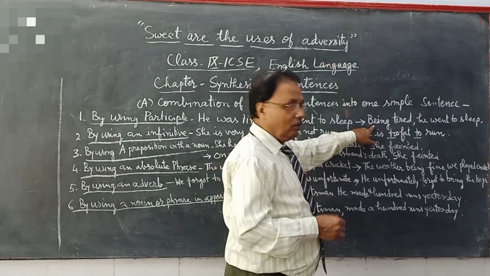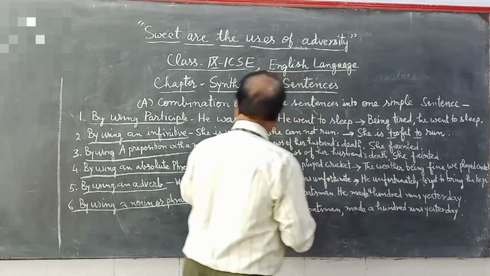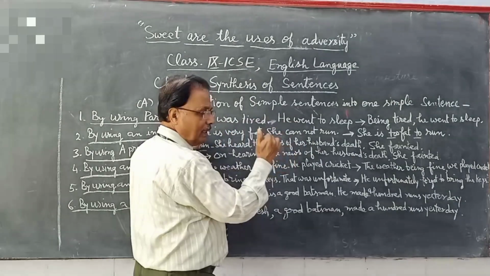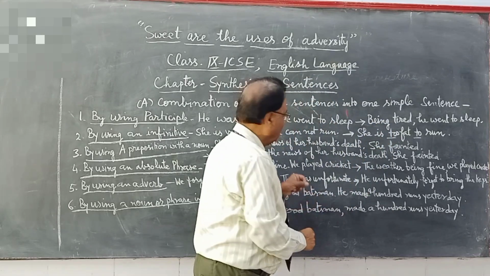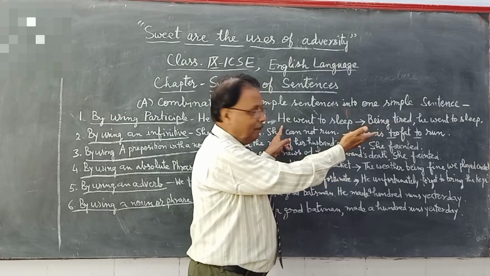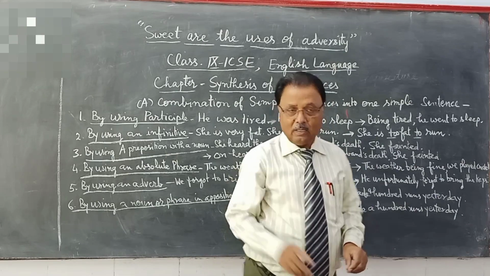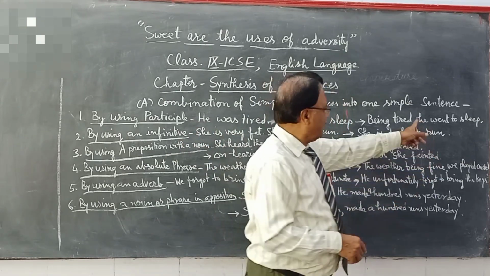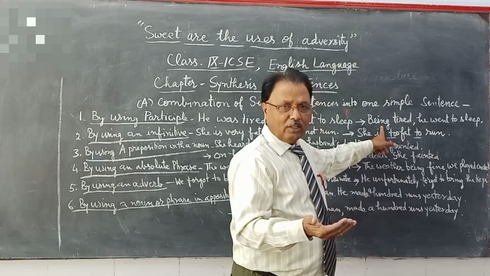These verbs will be changed into being. He was tired means being tired. And we will add the next sentence to it. Being tired, he went to sleep. The sense of these two sentences is formed in one sentence, and the first sentence is changed into participle.